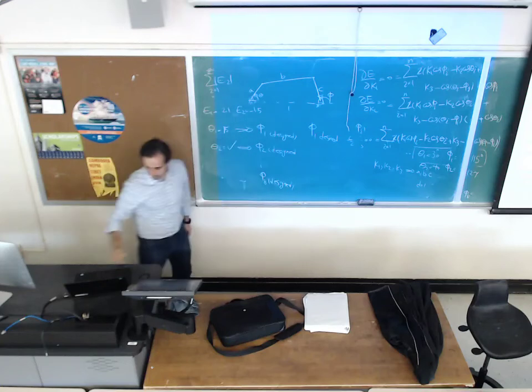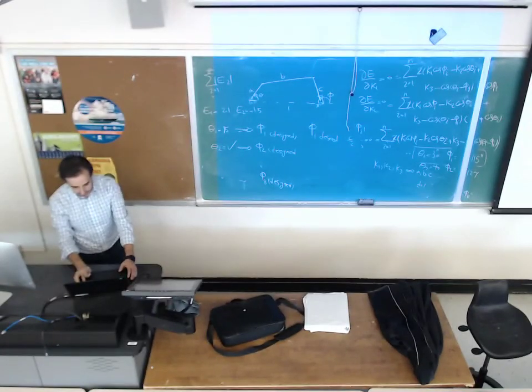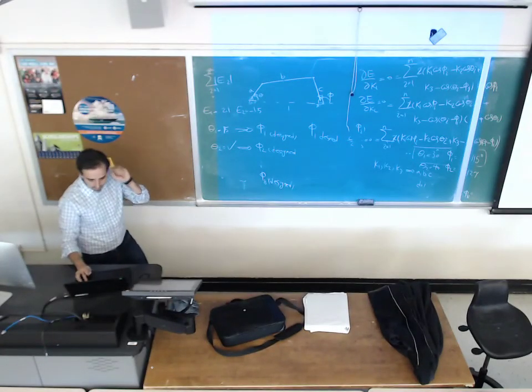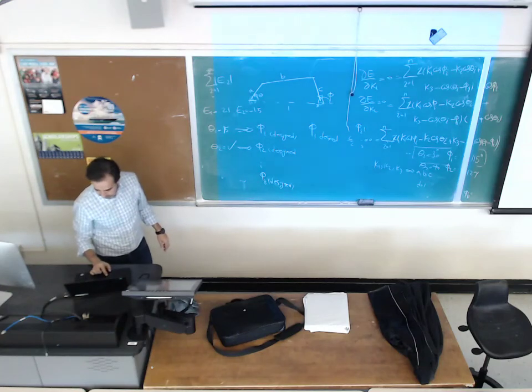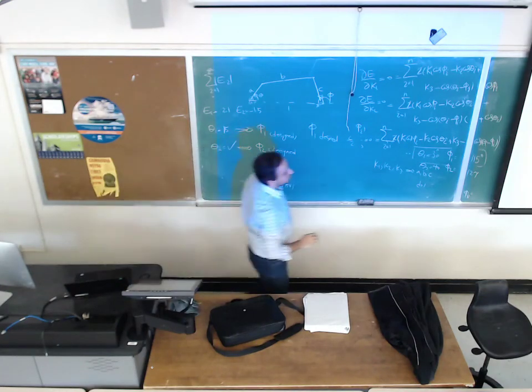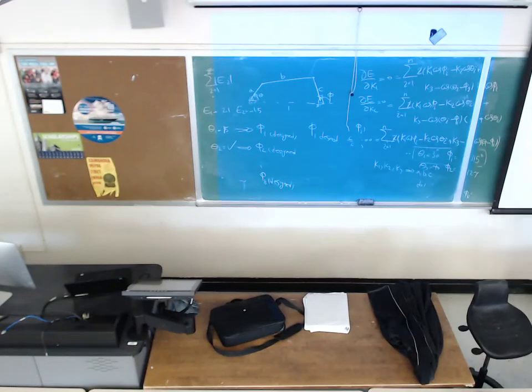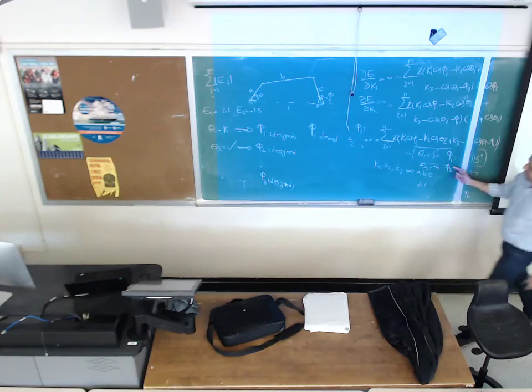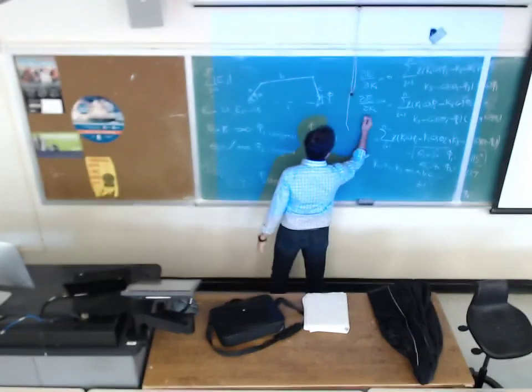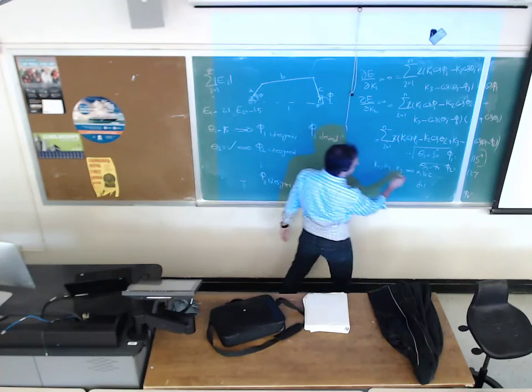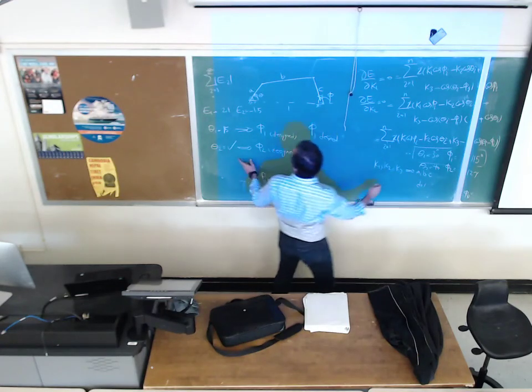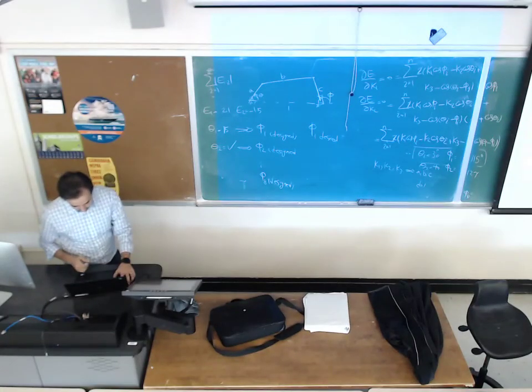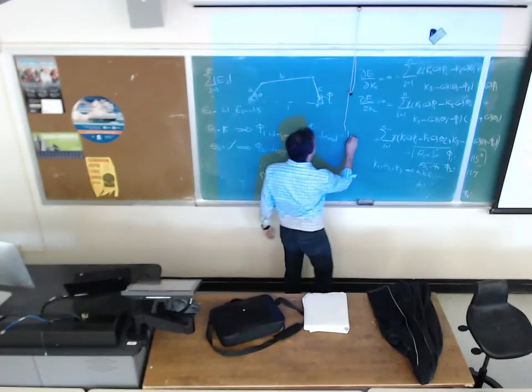You desire to generate a mechanism such that phi 1 is 100.